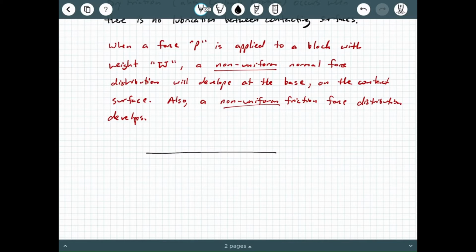Well, let's look at an illustration. Let's say that we have a surface here, and here's our block, okay? And let's say that we have this force P applied to the block, and let's say the block has a weight of W, okay? So as we apply this force P, the block is going to want to move in the direction that P is being applied. So in this case, to the right. And when that happens, two things are going to develop at this surface of contact, okay?